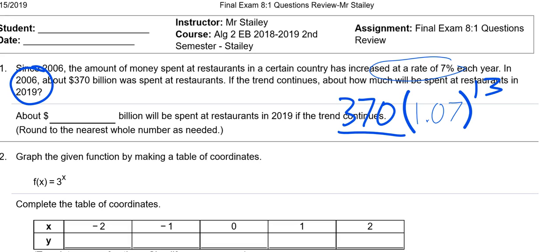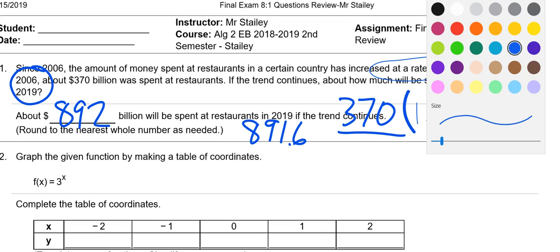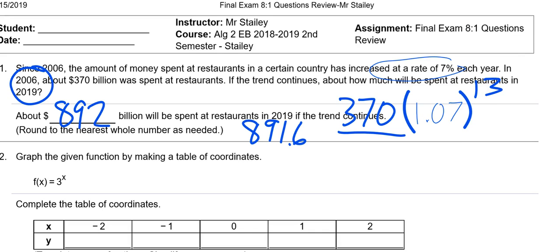Okay, so what did we end up with? 892 or 891.6, something like that. Now, as we talked about before, rounding is not the issue. Show your work.